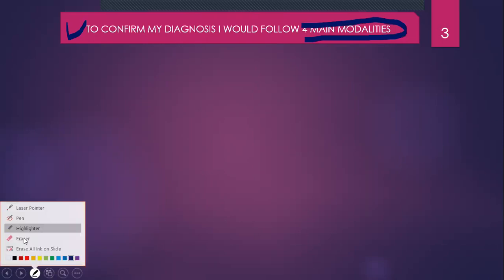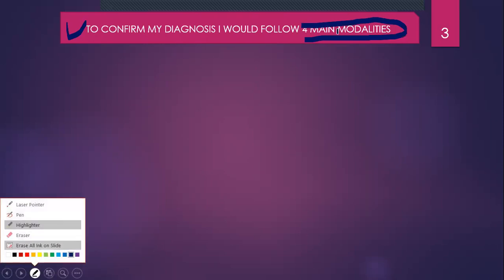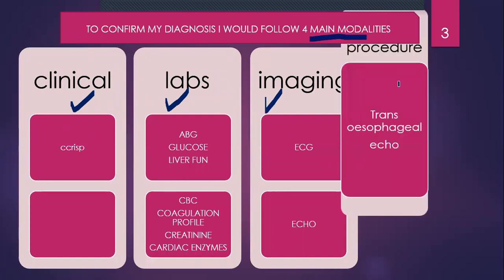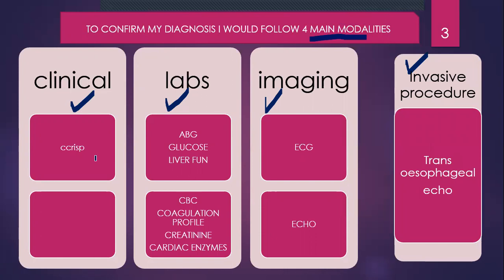To confirm, then, you will say like that: to confirm my diagnosis, I would follow four main modalities. What are the four main modalities? Let's see together. Clinical, labs, imaging, and invasive procedure. The clinical will be the care of critically ill surgical patient. This is number one.